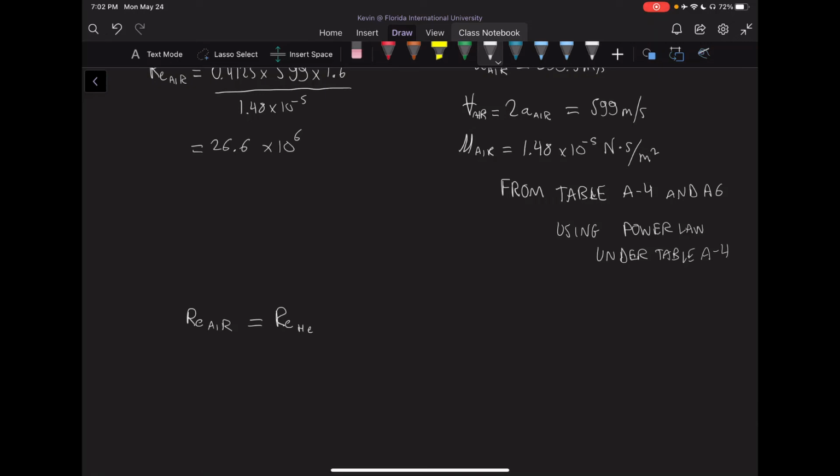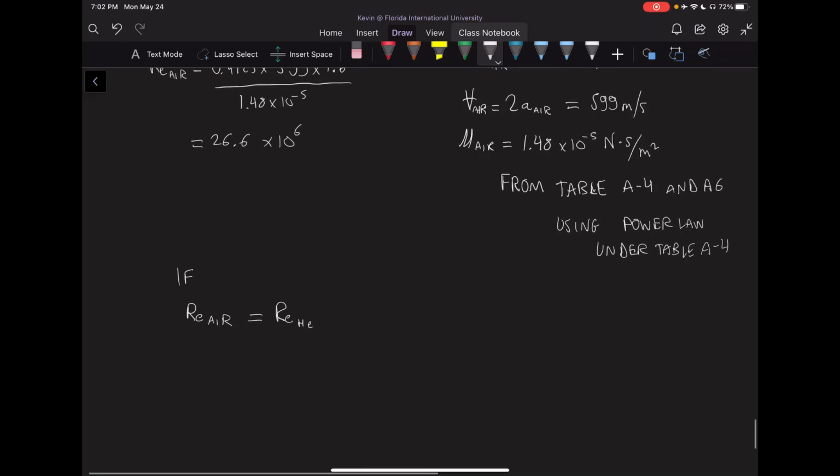of helium. So what we can do is calculate, and say that if this happens, then the Reynolds number for the prototype and the model would be matching.